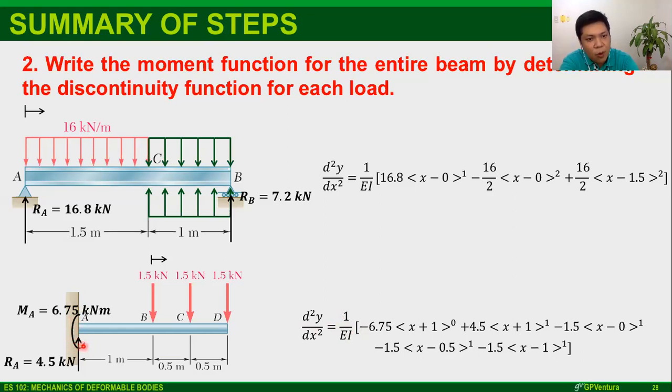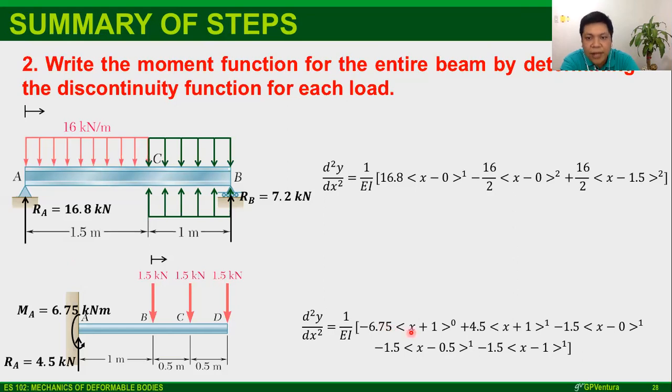It's counterclockwise. So look at our cheat sheet again earlier. Counterclockwise, so this is negative. Negative 6.75 x minus a. So what is a again? a is the location. Since I established that the origin is found here, the location is actually negative 1. Correct? So if this is x equals 0, this is x equals negative 1.